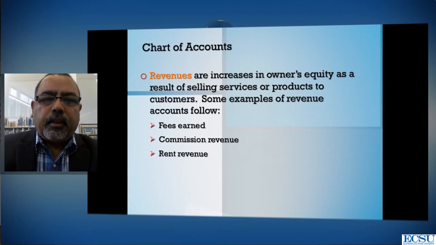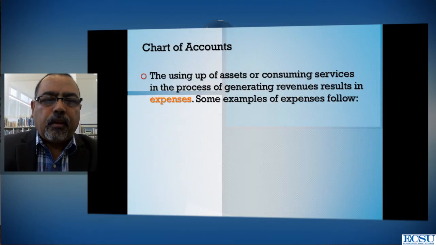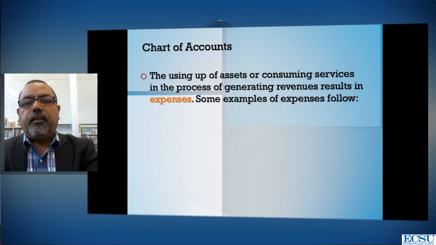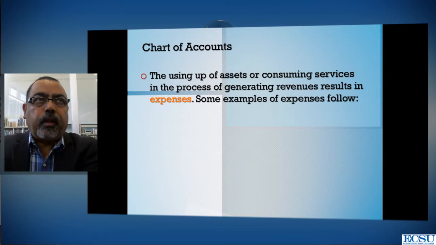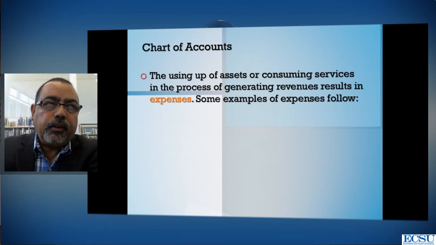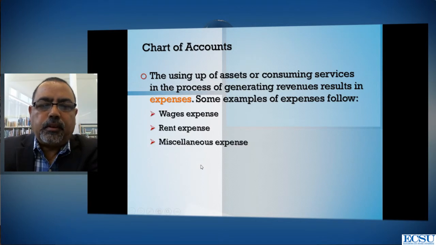If you see them, that is your revenue. The using up of assets or consuming services in the process of generating the revenue results in expenses. So, in other words, expenses are items that we spend to earn the revenue. Some of the examples are wages expense, rent expense, miscellaneous expense.